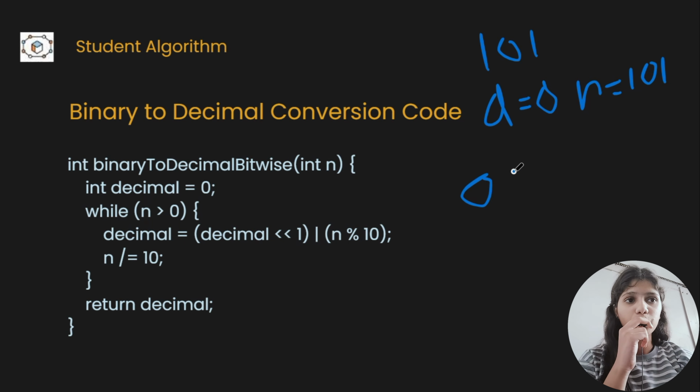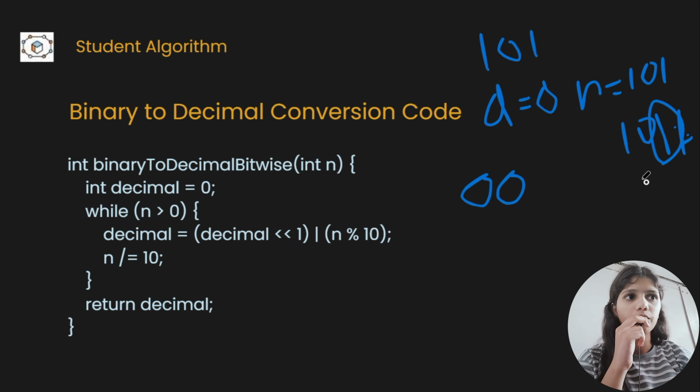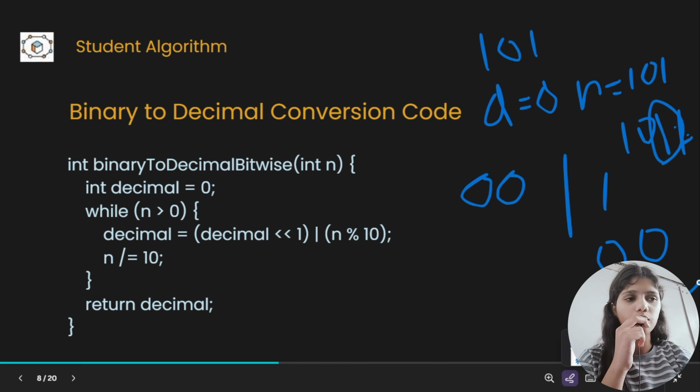Decimal left shift 1 means shifting 0, which will be 0 itself, and n modulo 10, 101 modulo 10, will of course be 1. The last digit will be 1. If you perform the OR operation, we get 0 0 1, that is nothing but 1.